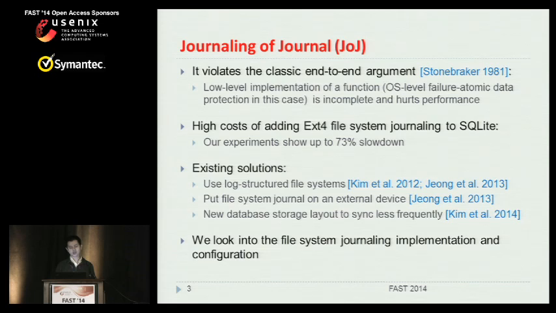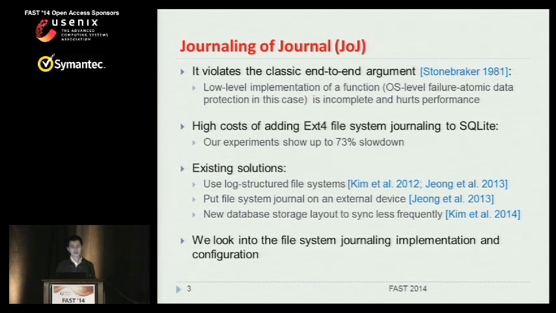This problem has been looked at in several recent studies. There are some existing solutions to it. One was to use the log structured file system to replace the journaling completely. The other was to put the file system journal on an external device. And the work that was presented just before me presented a new database storage layout so that it can sync less frequently and therefore improve performance.